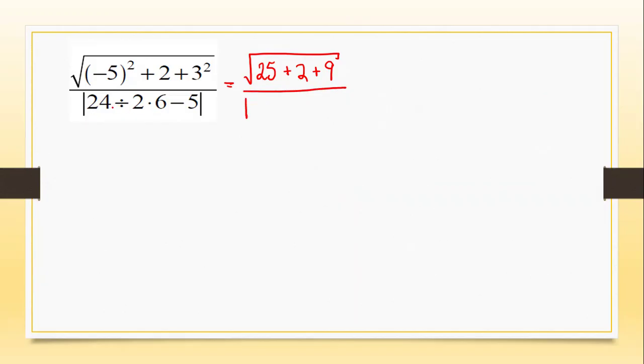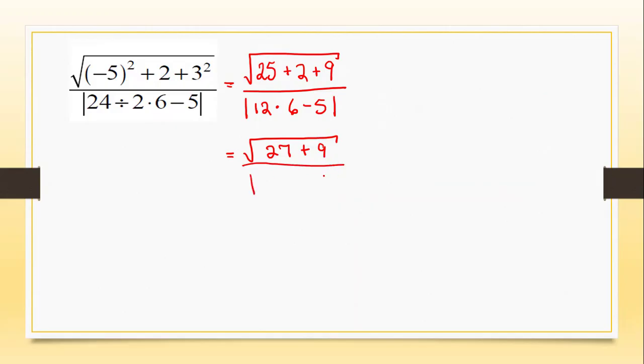Next, bottom. The rule says that if we have multiplication and division, we go from left to right. So we're now going to deal with the first two, 24 divided by 2, which is 12, times 6, subtract 5. Twenty-five plus 2 is 27. Plus 9.